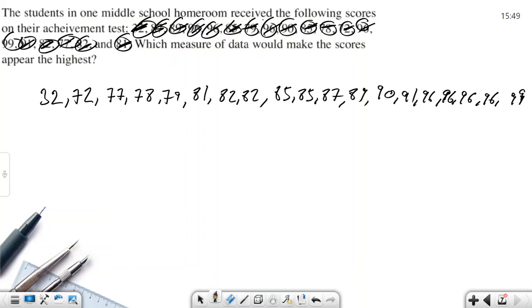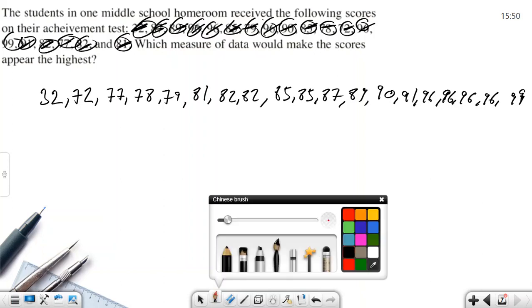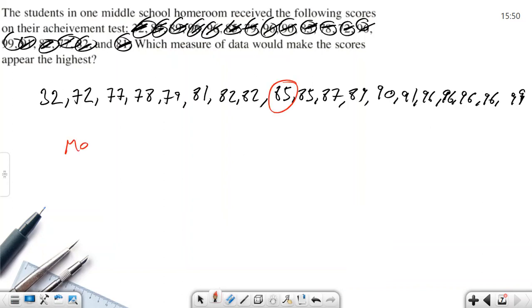Now let's calculate the median first. The median is at the middle, so it sits at 19. I need to go 9 from here. 1, 2, 3, 4, 5, 6, 7, 8, 9, 85. Median equals 85. To calculate the mean, you need to add all of them.